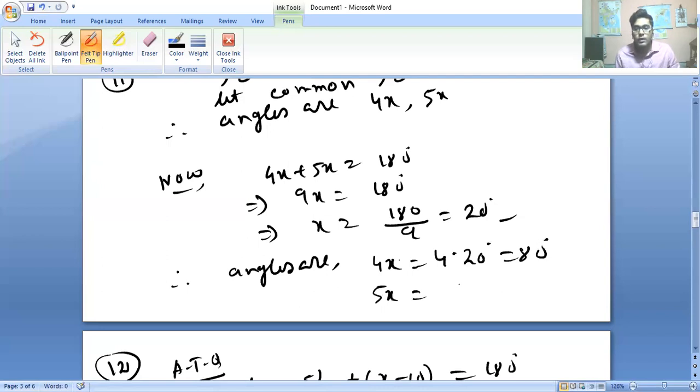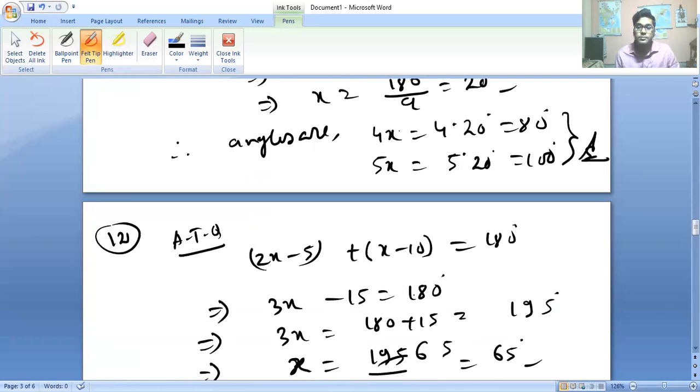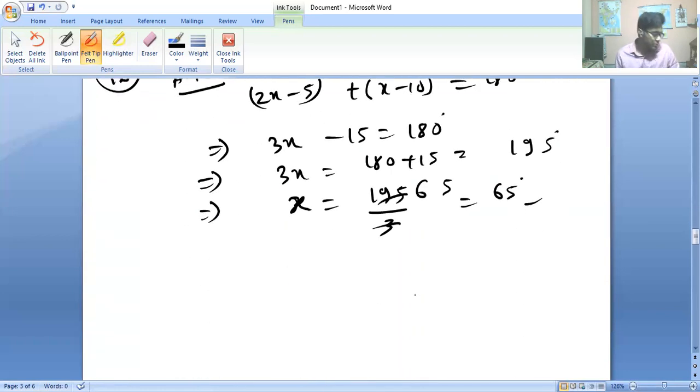And 5x means 5 into 20 degrees. Therefore, x is equal to 65. We can discuss. Here, the only thing that they ask is the value of x. We find the value of x. Okay, students. Fine.